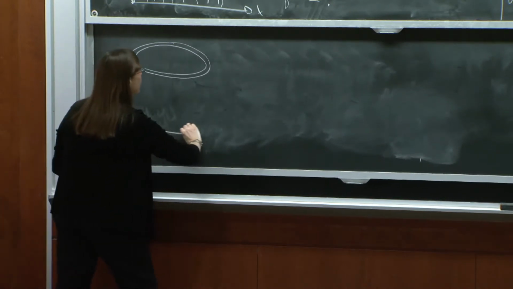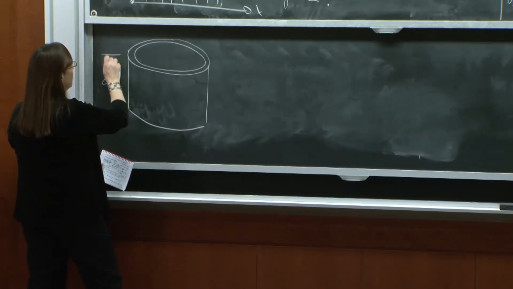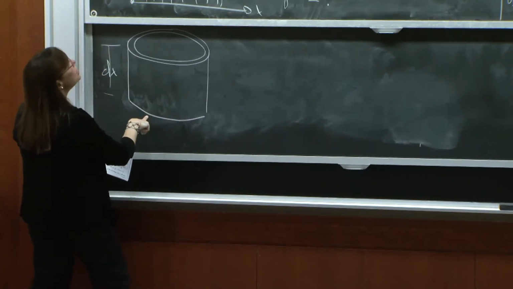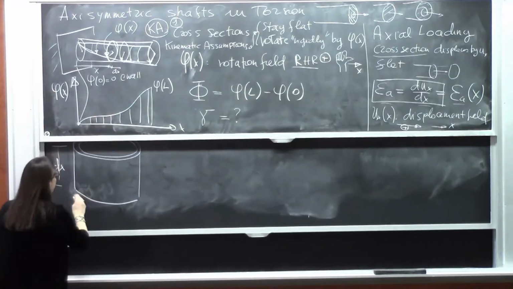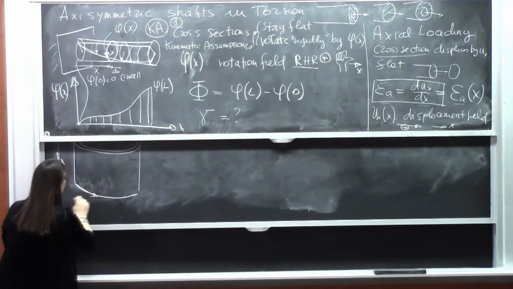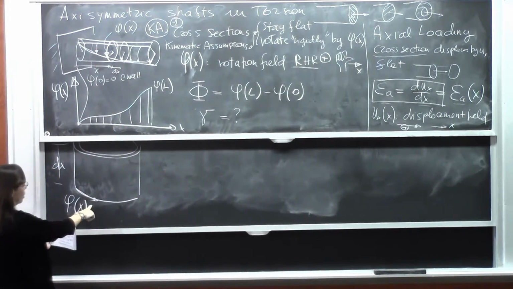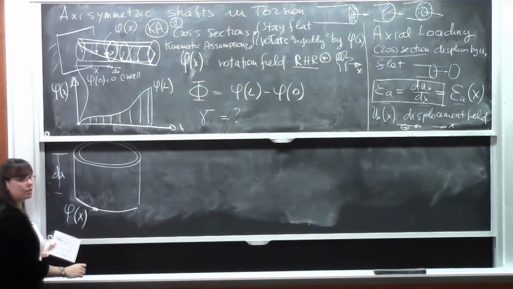And now this length here is dx from here to here. At x, the line there had already rotated by a certain amount, phi of x. This is where the line is.